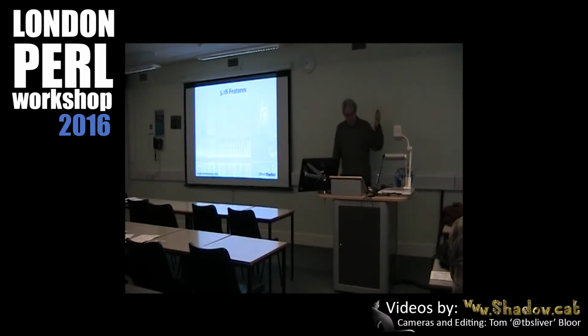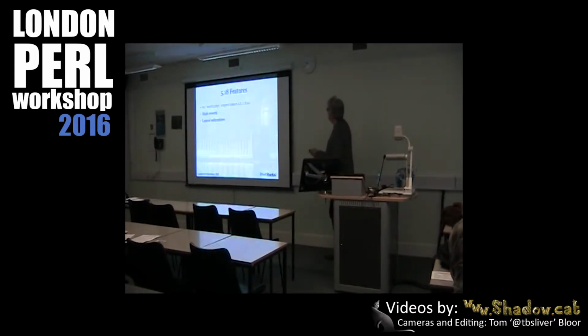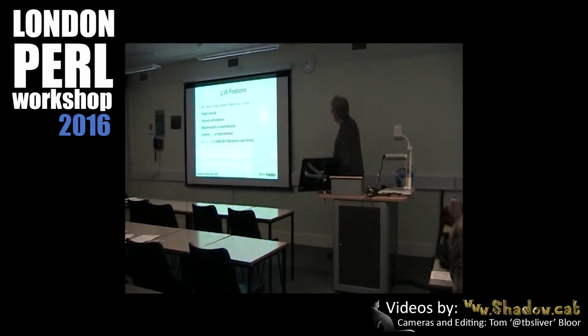What we're going to look at: no warnings is experimental, the hash rework, lexical subroutines, smart match marked as experimental, lexical underscore is experimental, $/ changes its behaviour, and a parsing bug that was fixed around qw. Oh, and another new version of Unicode.